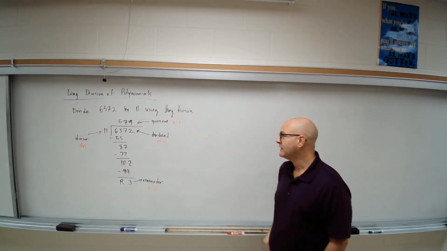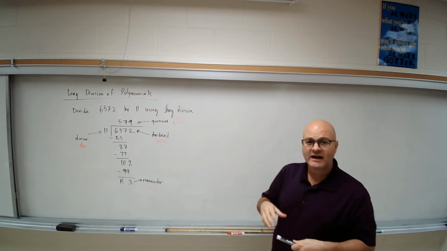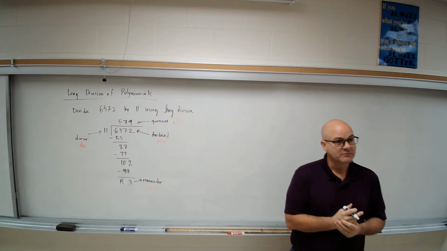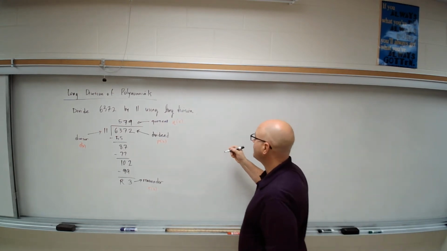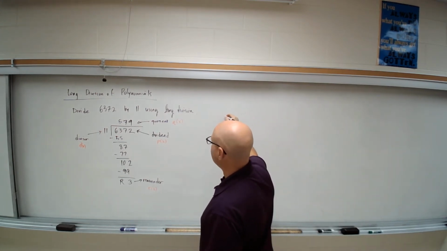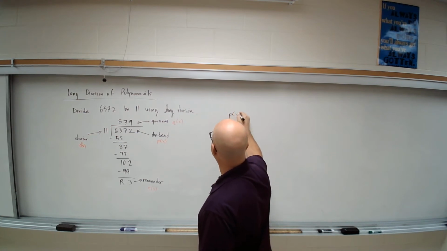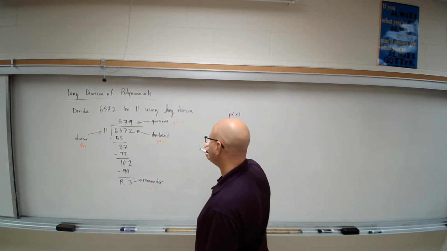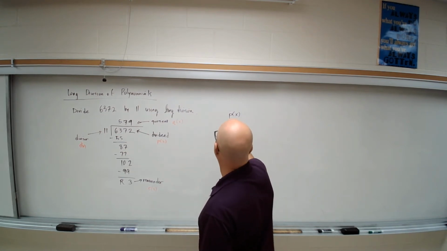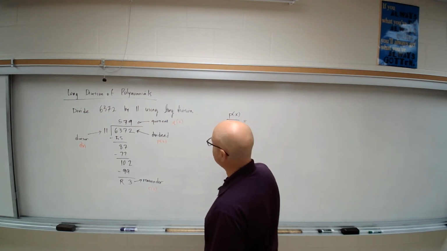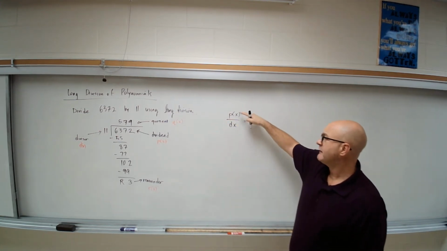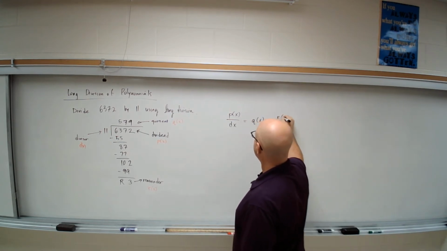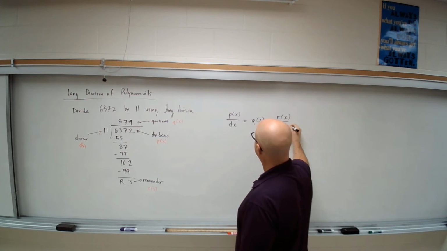Because what we'll find is that there are a couple of ways to write out your answers to division questions, and we're going to use this with polynomials too. If we divide the dividend p of x by the divisor, the dividend divided by the divisor is the quotient plus the remainder over the divisor.